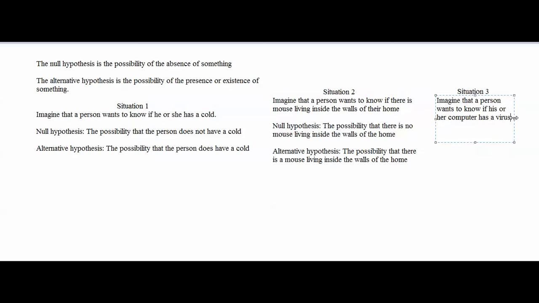The null hypothesis would say that there's no virus, and the alternative hypothesis would say that there is a virus. Because the null hypothesis is the possibility of the absence of something, and the alternative hypothesis is the possibility that either something is present or something exists.